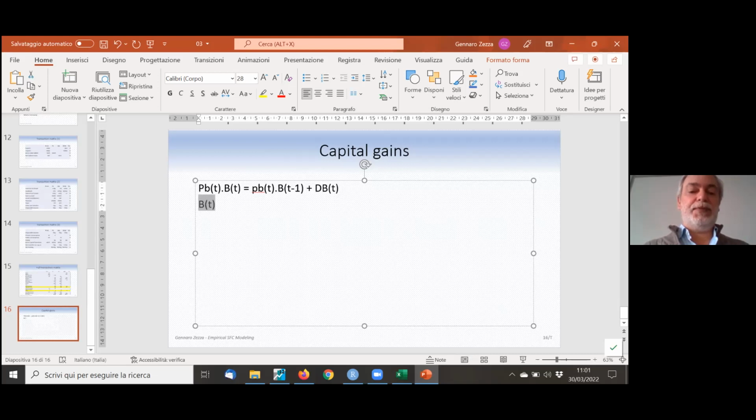Basically, what I've done is to have, let's call it P prime, B_T equal to P prime B_{T-1} plus dB_T, and this price here has never changed from the beginning.